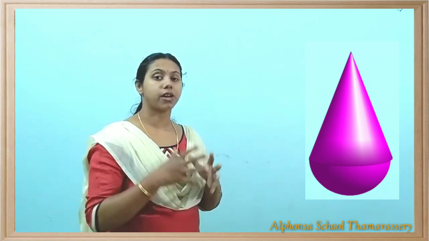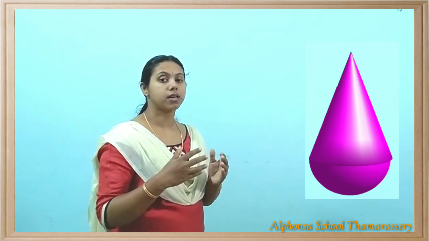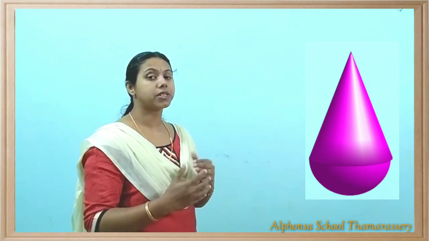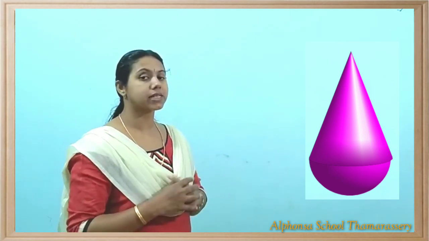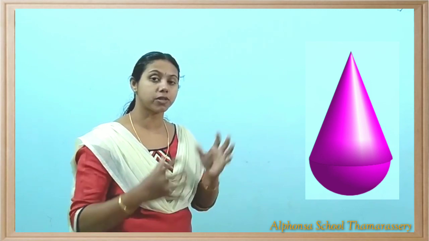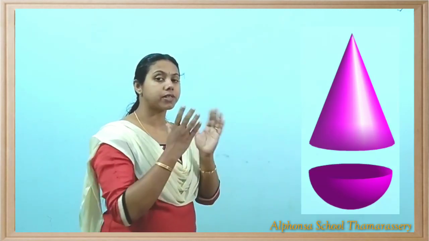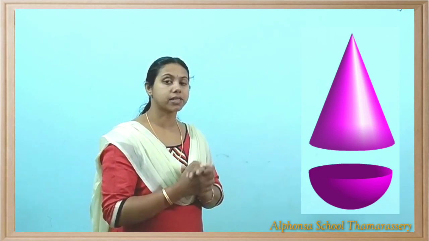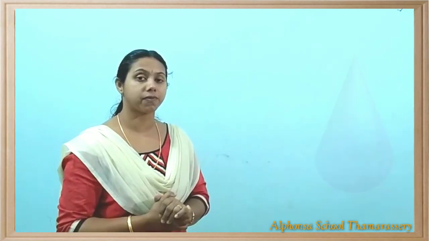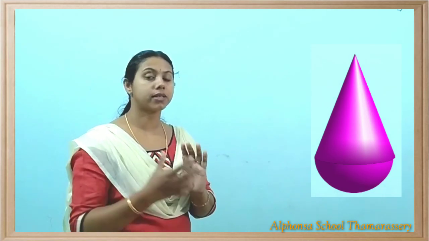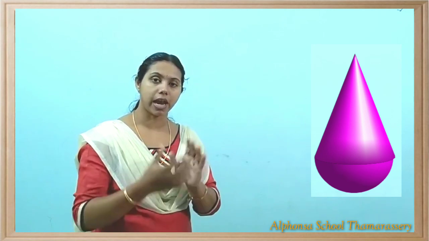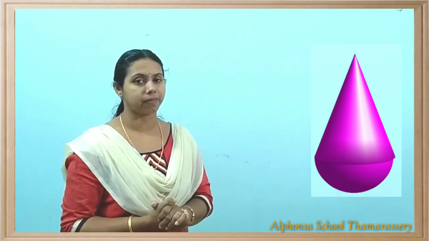So the surface area of this toy is equal to the curved surface area of the cone plus the curved surface area of the hemisphere, because it's a combination of a cone and a hemisphere. If you know the total surface area of the toy, that will be equal to the area of the paper we require.